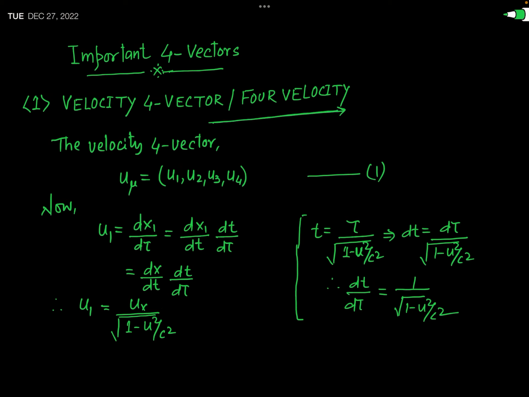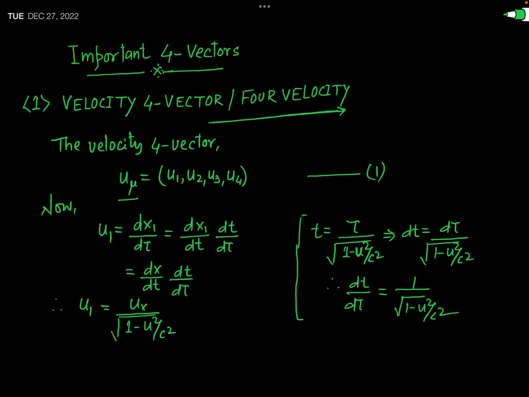As you have learned that any 4 vector has 4 components in 4-dimensional Minkowski space, and so any 4 vector is expressed in terms of the components of the vector. So this velocity 4 vector is denoted by the symbol u mu.